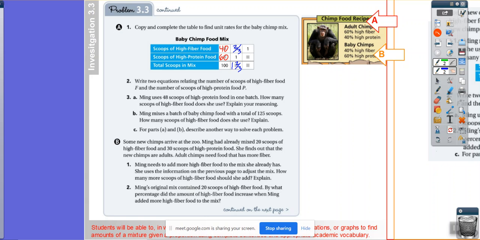Okay, continue. And then what we did was if one was the high fiber, we knew that the high protein would have to have 20% more than the high fiber, and we already found that 20% was 1/3, so we just added 1/3 to 1.